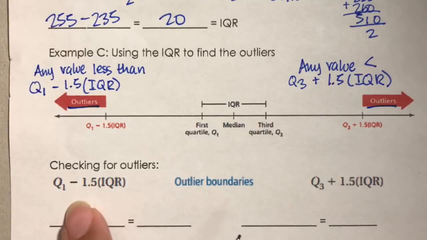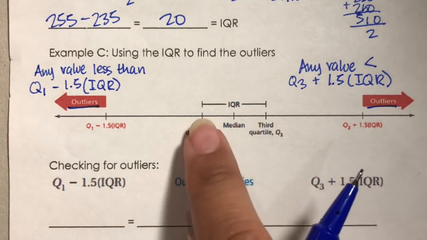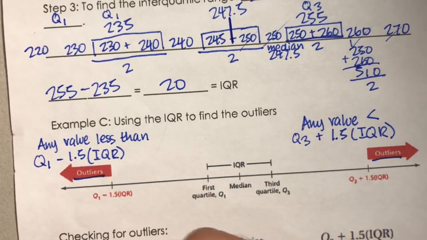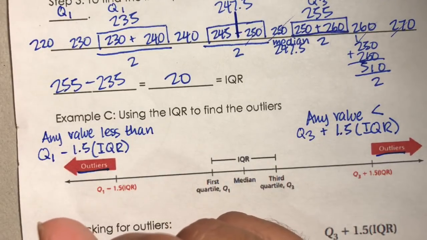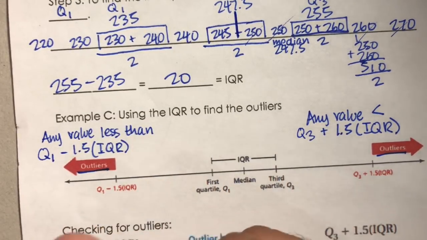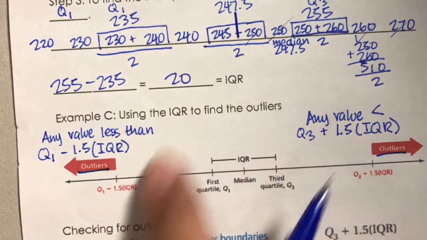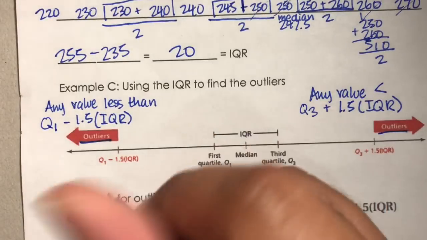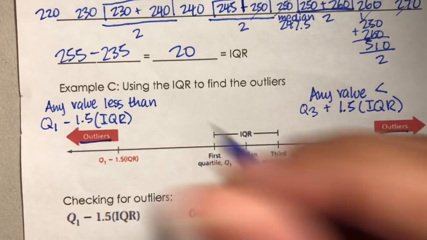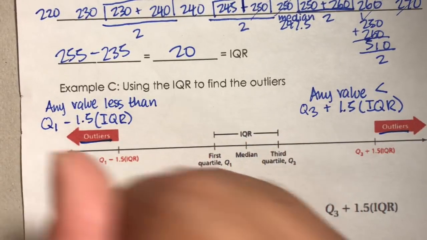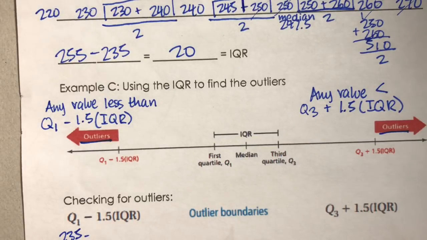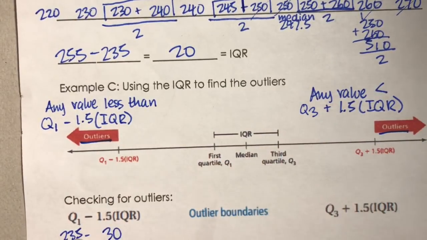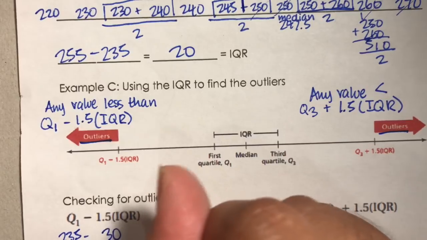So if we take the first quartile, which is 235, and we subtract 1.5 times our interquartile range, which is 20, we're going to get 235 minus 1.5 times 20, pause this if you need to figure out the math, minus 30. 235 minus 30 is 205.